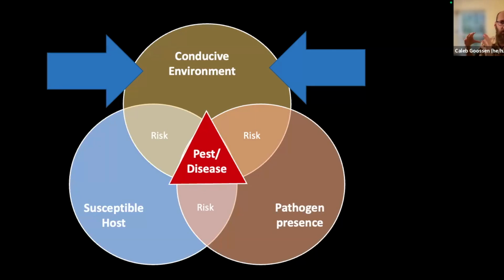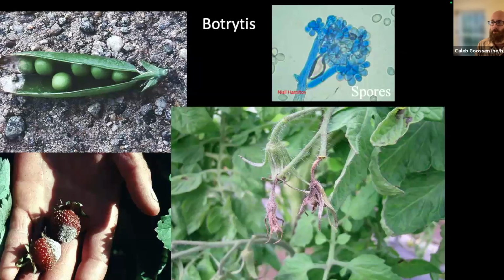Then we need to know, is the disease or the insect pest in the area? Or have I dealt with it in the past, and I know it overwinters here, so we have that pathogen presence or not? That's often not in your control. And the last thing that's still in your control is, do you have a conducive environment for that pest to really get a hold?